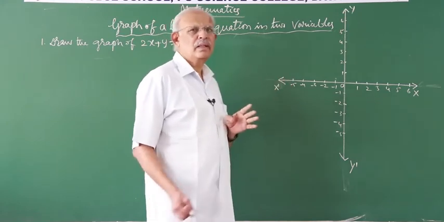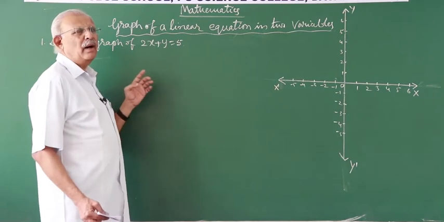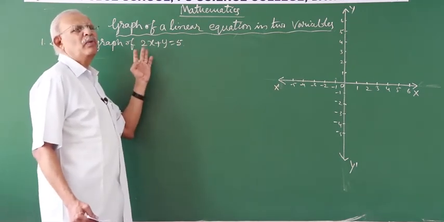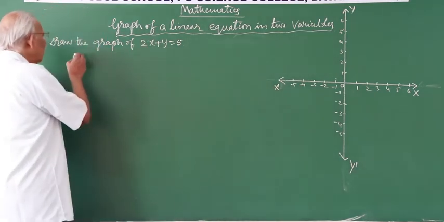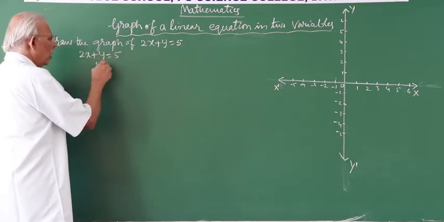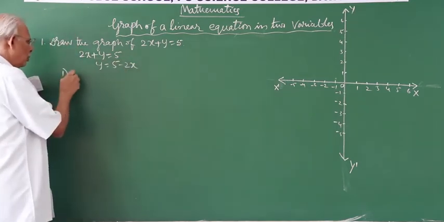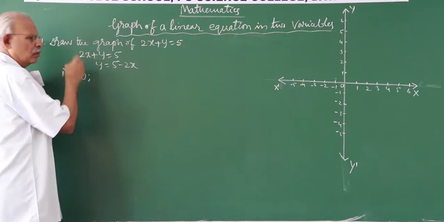Now let us start. You can directly calculate, or else you can put it in the form of y equals mx plus c. Now look here, 2x plus y equals 5, or y equals 5 minus 2x. Now put x equals 0.